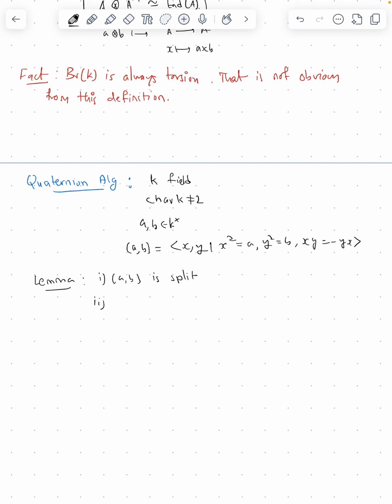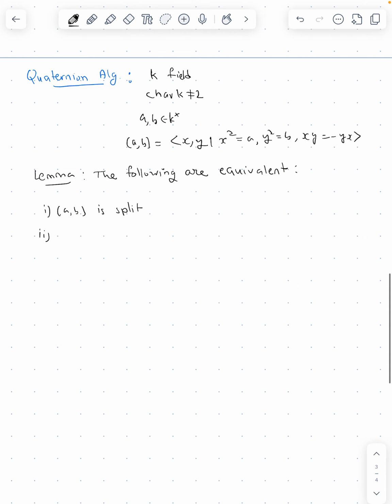Second, there is a norm function on this quaternion algebra.